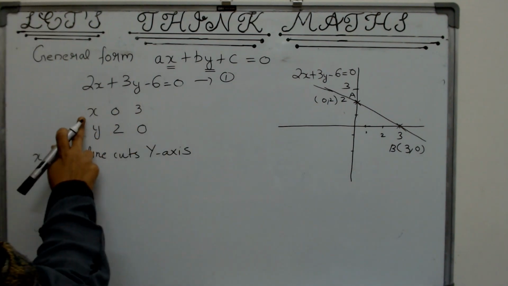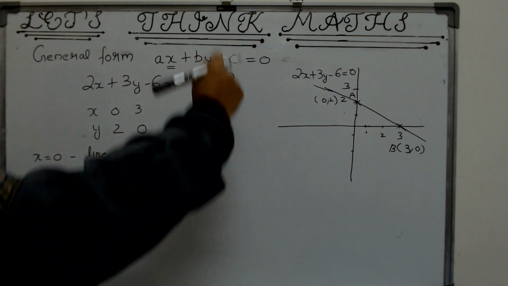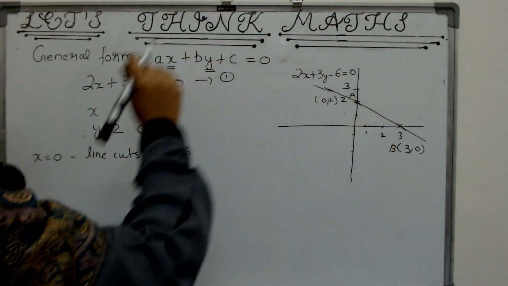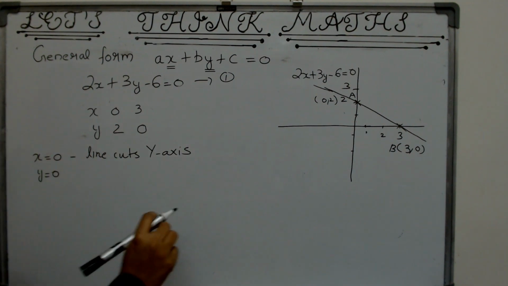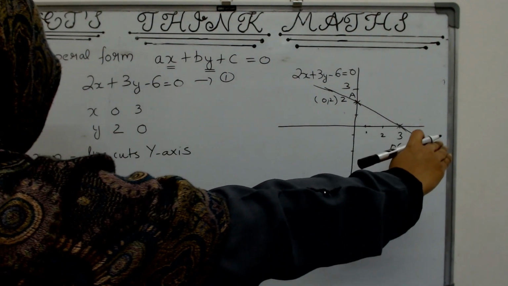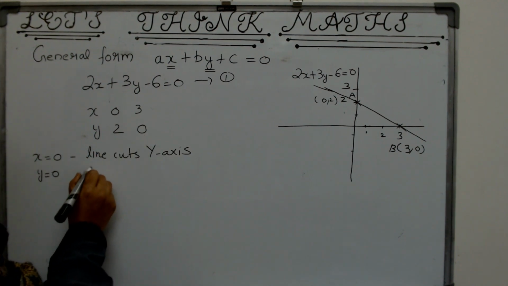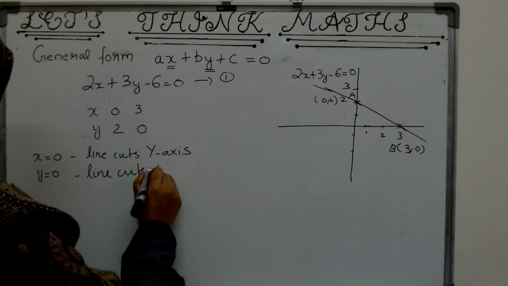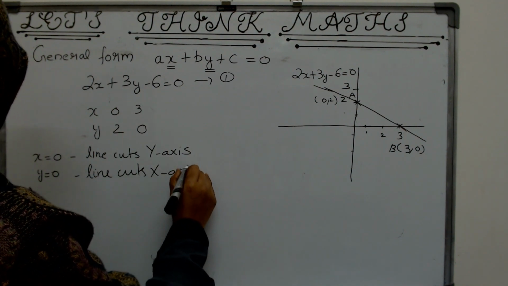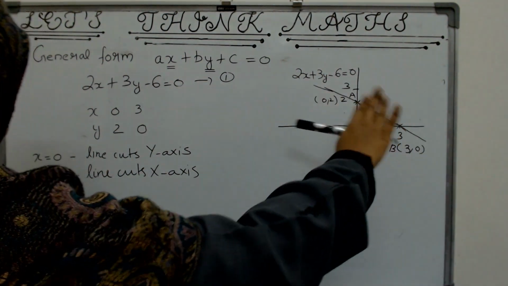So when you take x equal to 0, you will get the place where the line cuts the y-axis. Similarly, where is y 0? y will be 0 only on the x-axis. So when you take the y coordinate as 0, you will get the place where the line cuts the x-axis. That is why this is important. You get the places where this line cuts the two axes.